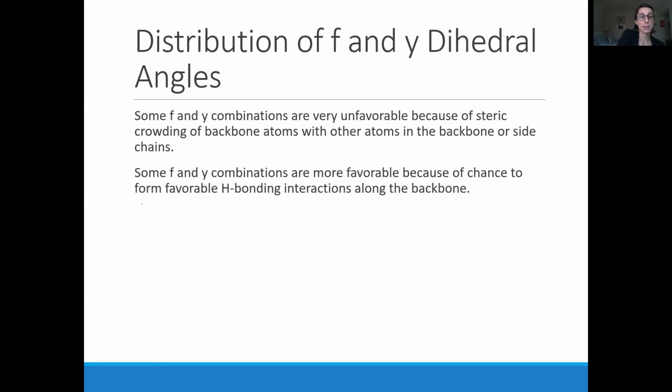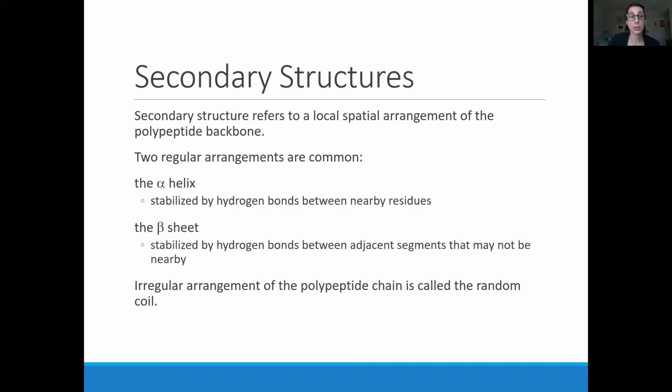So this is key. This is why we end up having only a subset of secondary structures, because most of those combinations end up just not being favorable for the structure of the peptide. And so we end up with secondary structures that are very, very classified, and you see them in protein after protein.